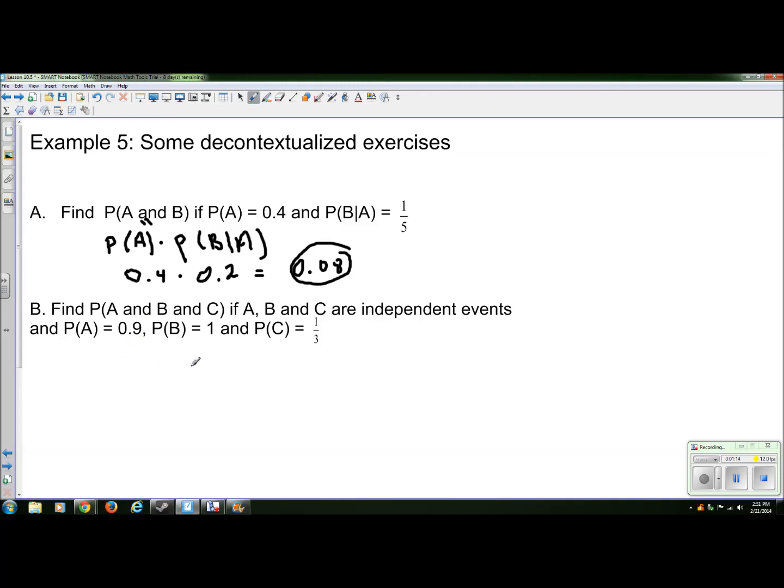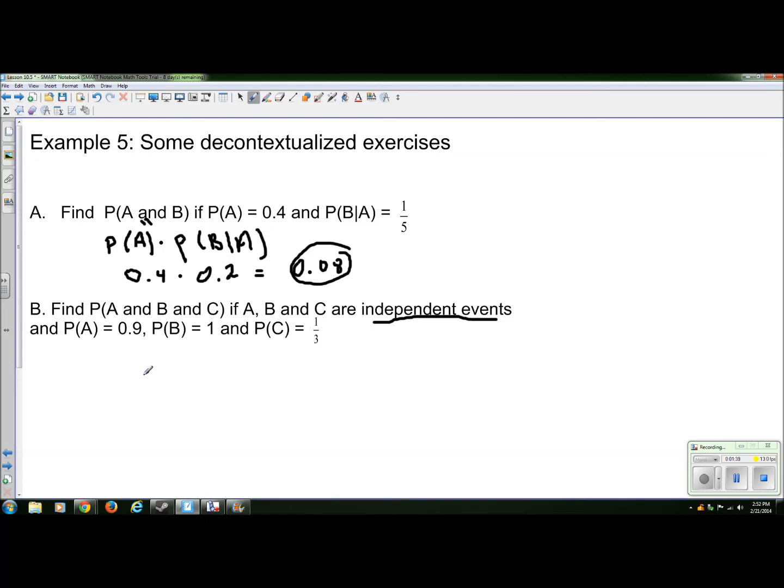Here's another one. Find the probability of A and B and C if A, B, and C are independent events and these conditions hold. Okay, well, independent events, that means I don't have to worry about the probability of B given A and the probability of C given B and all that stuff. I know that these events don't affect one another.